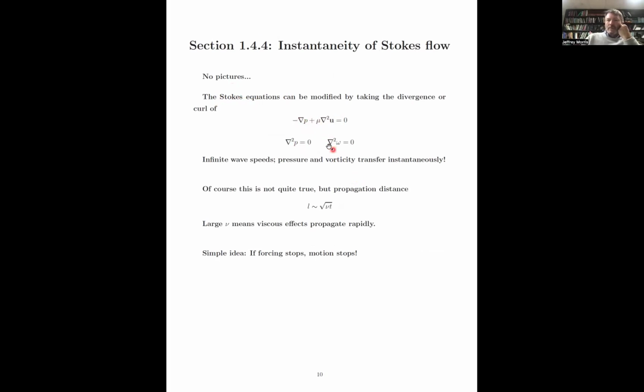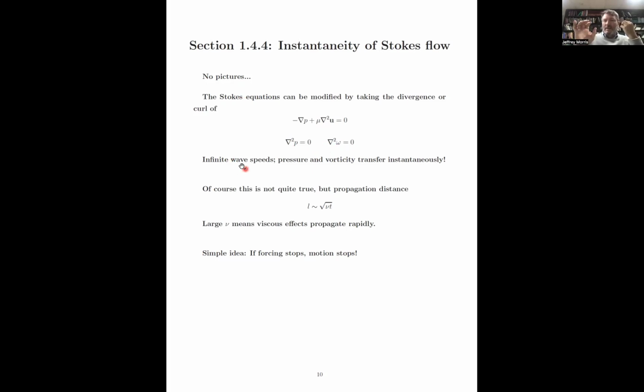So then you will get del squared u, because I can invert the order of operations, so that becomes del squared of the vorticity is equal to 0. But what these both started as is wave equations with time dependence on the right-hand side, but now because they have infinite wave speed, that goes away. Okay, so you can think of this as an infinite wave speed.